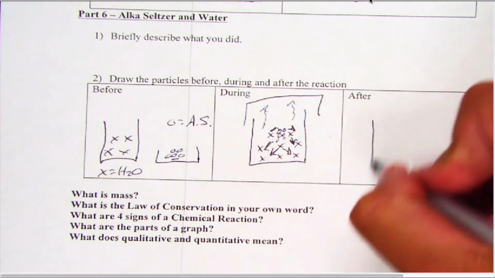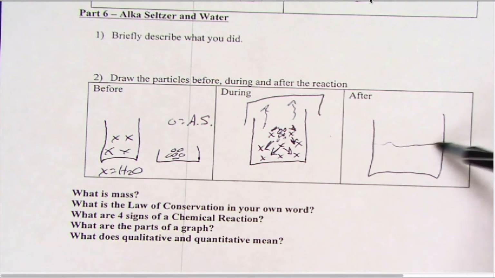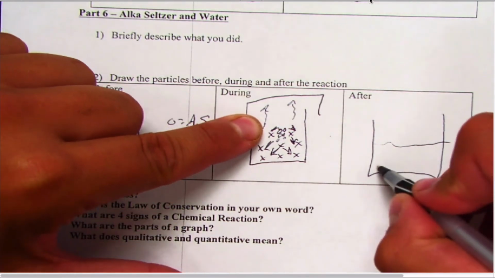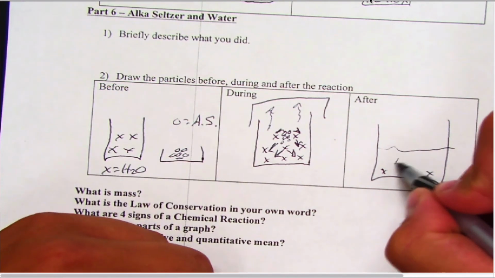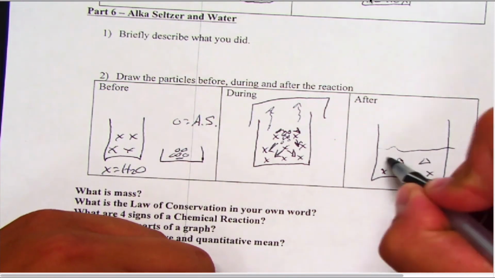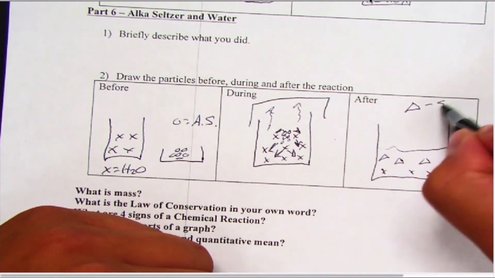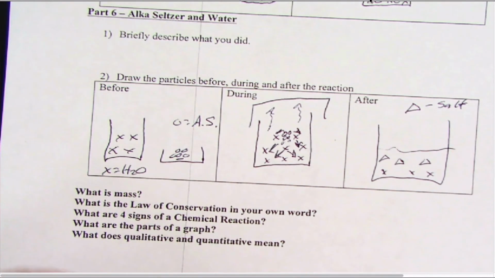So now when we're done, really what you see is a clear liquid, but that clear liquid is not just water anymore, because we saw bubbles given off, which is a sign of a chemical reaction. We probably do have some water left over, but not much. But now we have some salt, which we will represent with this triangle, so a salt gets formed, which should be like with a magnesium.